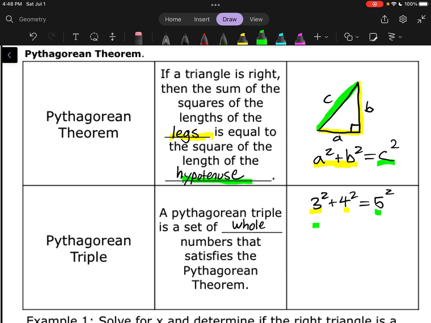Another famous one would be 5 squared plus 12 squared equals 13 squared. 5, 12, and 13 works out. Another one that you might see is 8, 15, and 17.